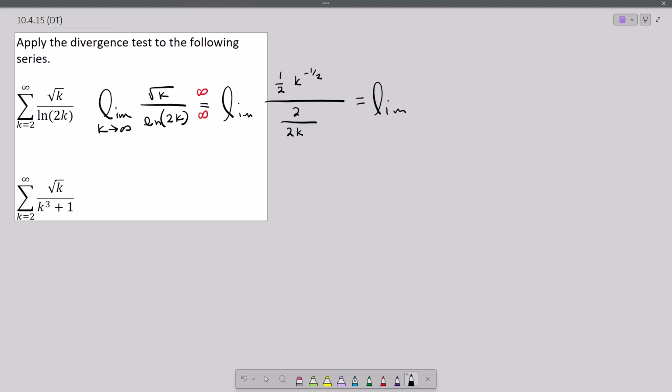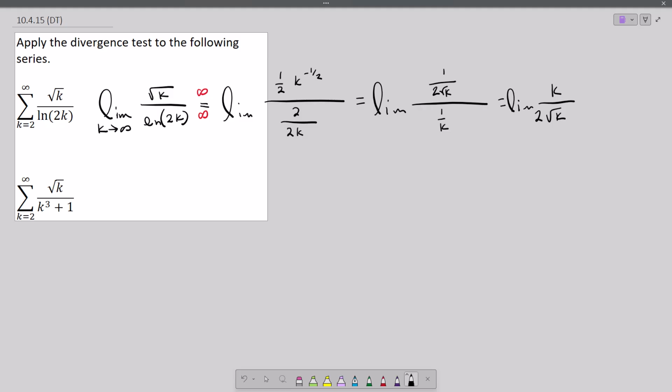So let's simplify. The denominator just becomes 1 over k. The numerator becomes 1 over 2 root k. So overall, when we flip the k, we end up with k in the numerator and 2 root k in the denominator.